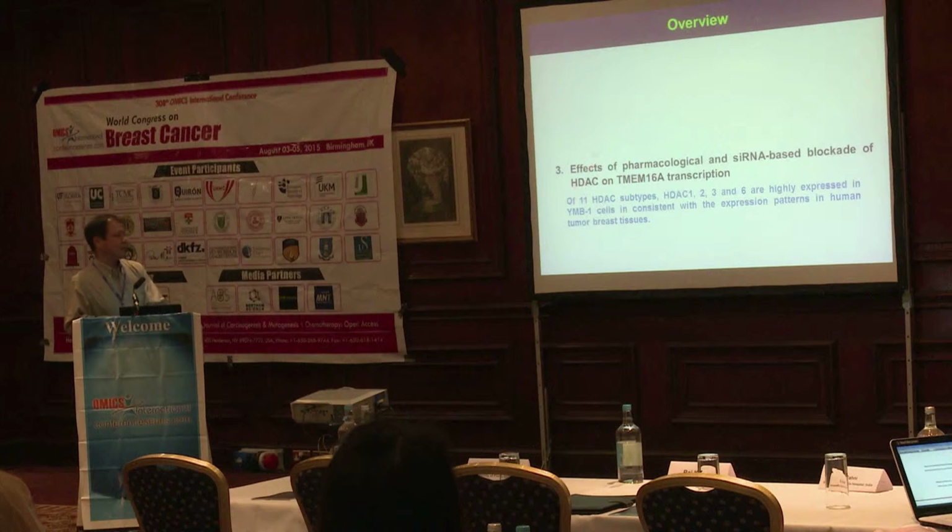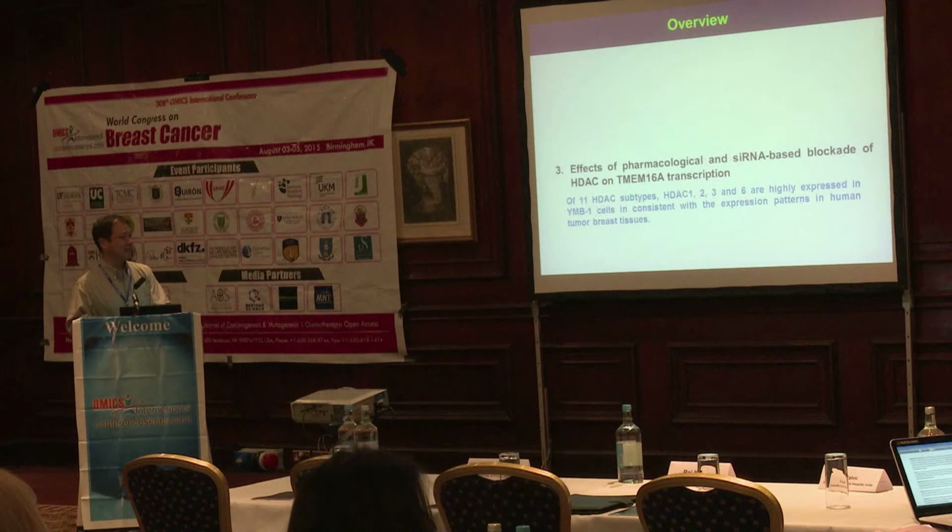Next, to determine the HDAC subtype related to the downregulation of the 16A chloride channel, we examined the effect of pharmacological and siRNA-based blockade of HDAC subtypes on 16A chloride channel transcription.